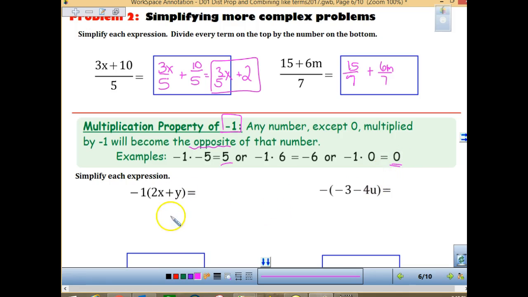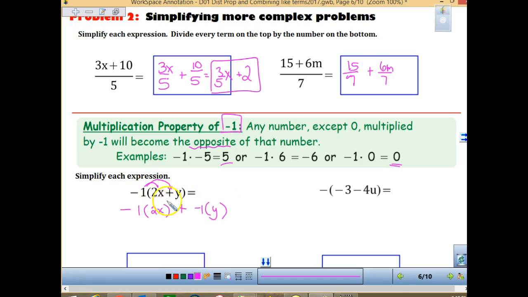Okay? So, we're going to show this first one with distributive property, right? You're going to help me out. The next one we're going to show with just taking the opposites, because there's a negative in front. So we're going to write down -1 times 2x. Then I have a plus, and I'm going to take -1 times y.